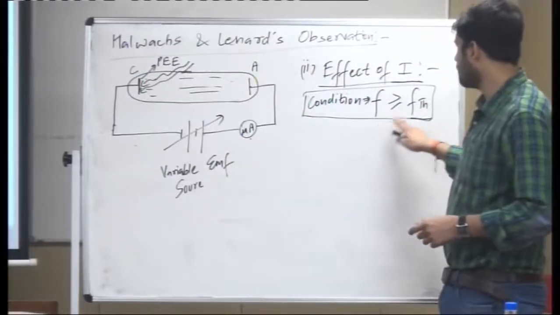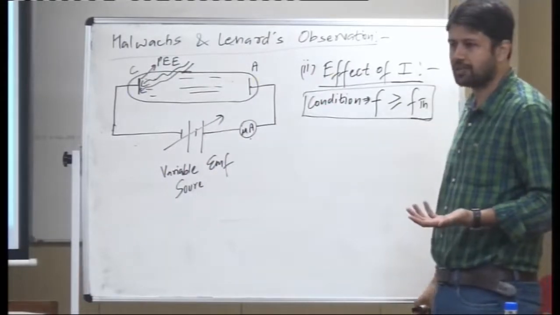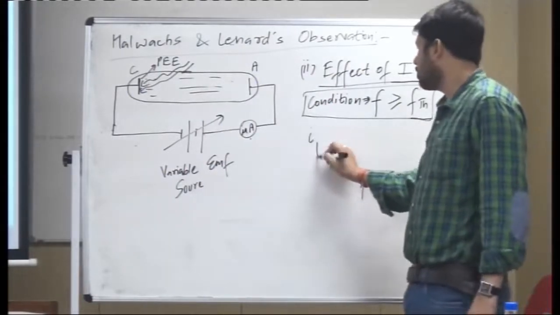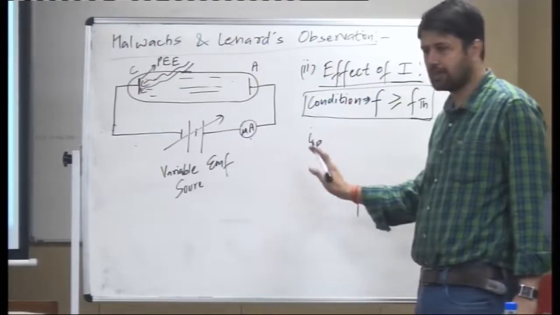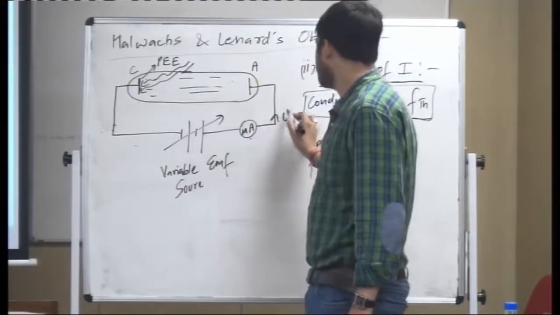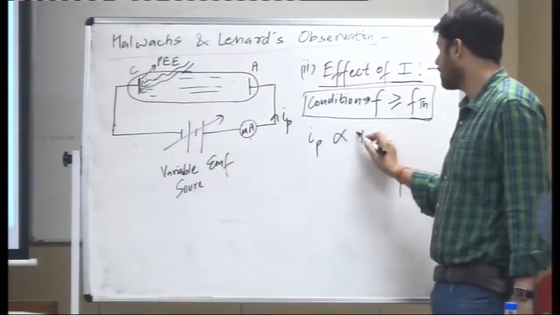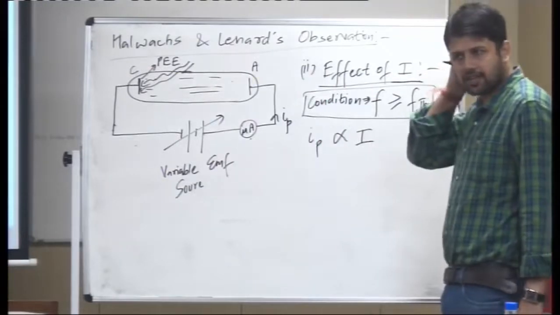If frequency was above threshold frequency, which means photoelectric effect was already happening, then the photocurrent I_P is directly proportional to intensity.